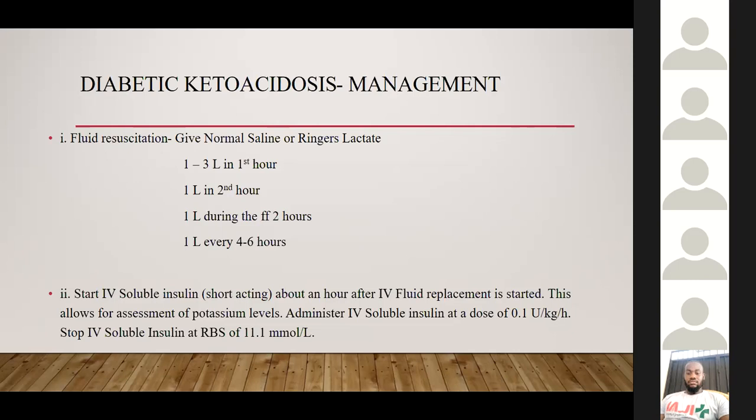Of course, it's a range. Some of the literature will tell you to give about 0.07 to 0.1 units per kg per hour. But to make it easier, we are saying administer IV soluble insulin at doses of 0.1 units per kg per hour. So you just multiply the weight by 0.1, and that is what you are going to give every hour.